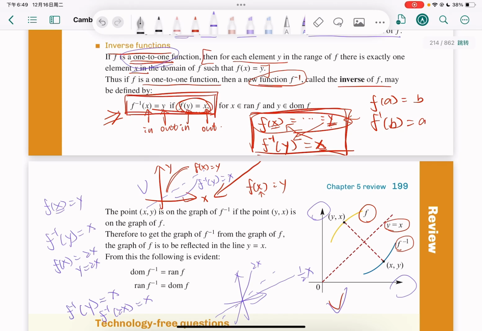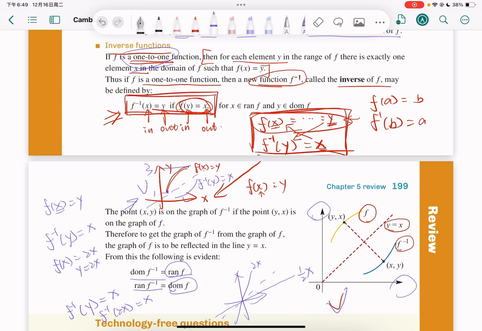And the domain. So the domain of f becomes the range of f inverse, and the range of f becomes the domain of f inverse. So actually, from this graph, you can see the red curve, for example, 1, 2, 3.